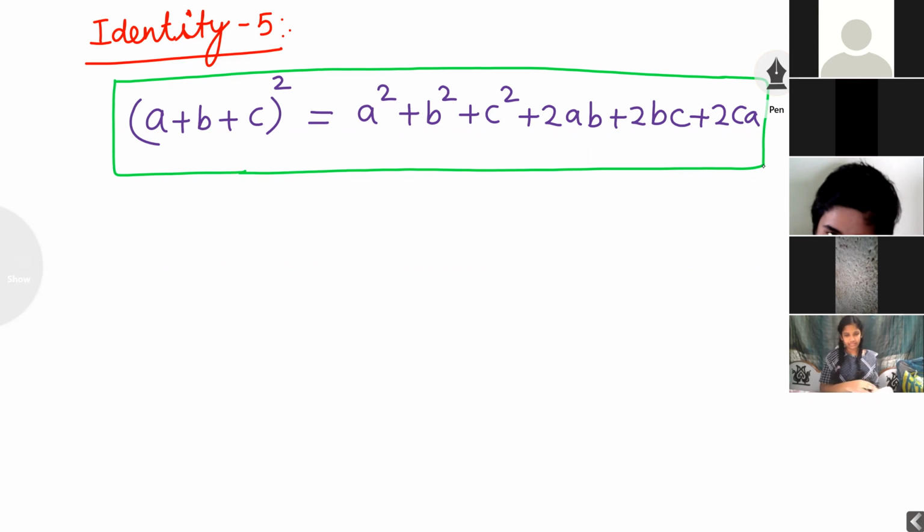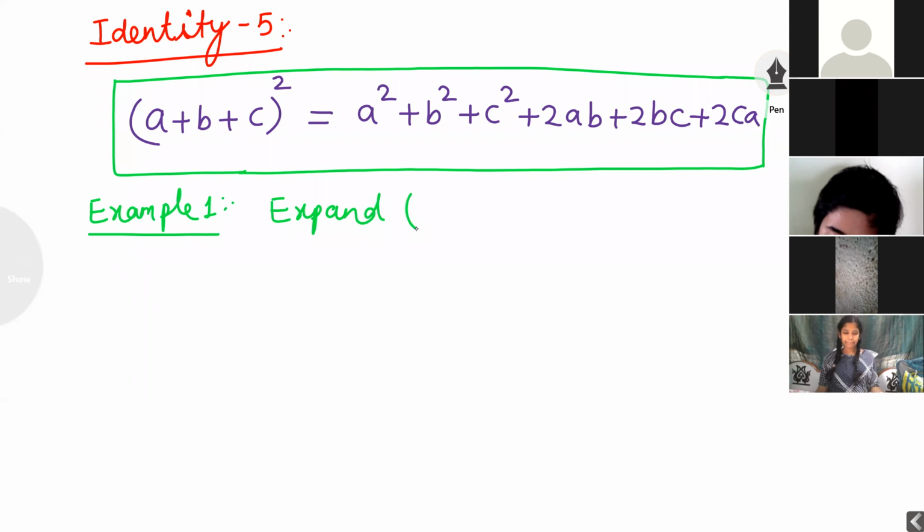Example first, expand x plus 2y plus z whole square.